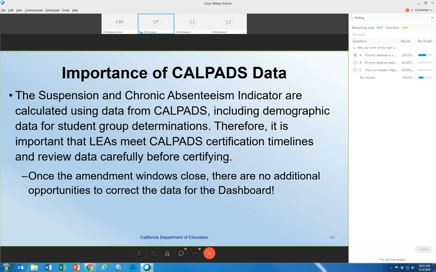There are some resources that you can use to make sure that your data is accurate before the window closes, because once the amendment window closes, there are no opportunities to correct the data for the dashboard. You can go in and correct CALPADS ODS, but we will not use that data for the calculation of all the indicators for the dashboard.